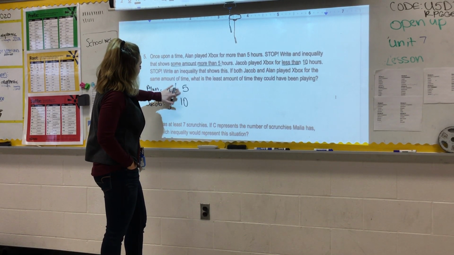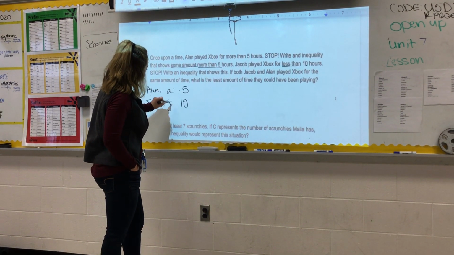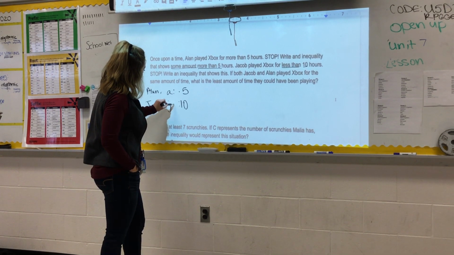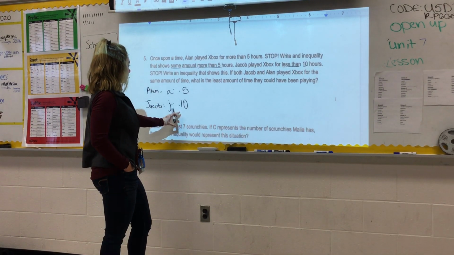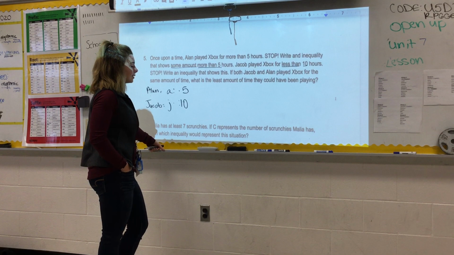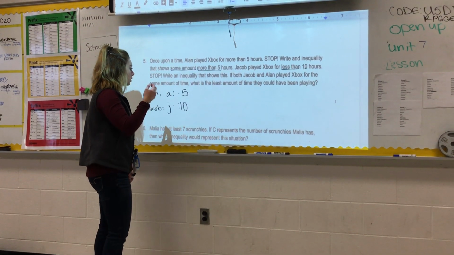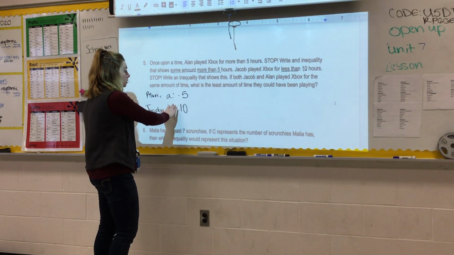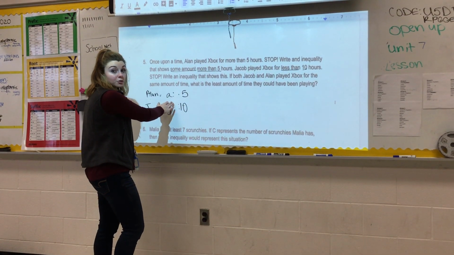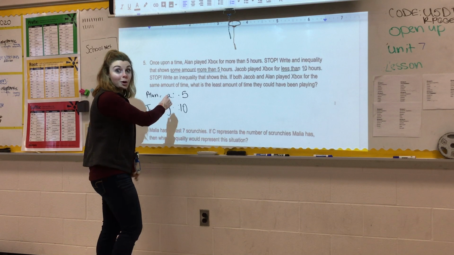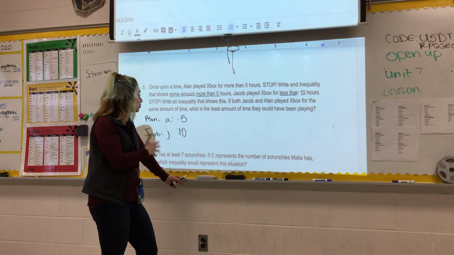So if you have trouble determining which way they go, Jacob has less than the 10, and then they connect the dots. So that's super cool. In all honesty, I was briefly confused by that. I was like, dots, I don't know dots. But I could totally see the strategy.